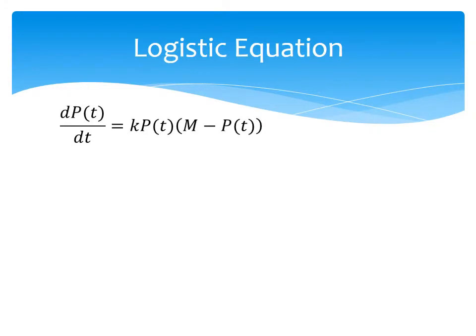Alright, so a popular population model is this equation. It's called the logistic equation, and it's used mostly if you have some limiting factors in the population that you're dealing with.